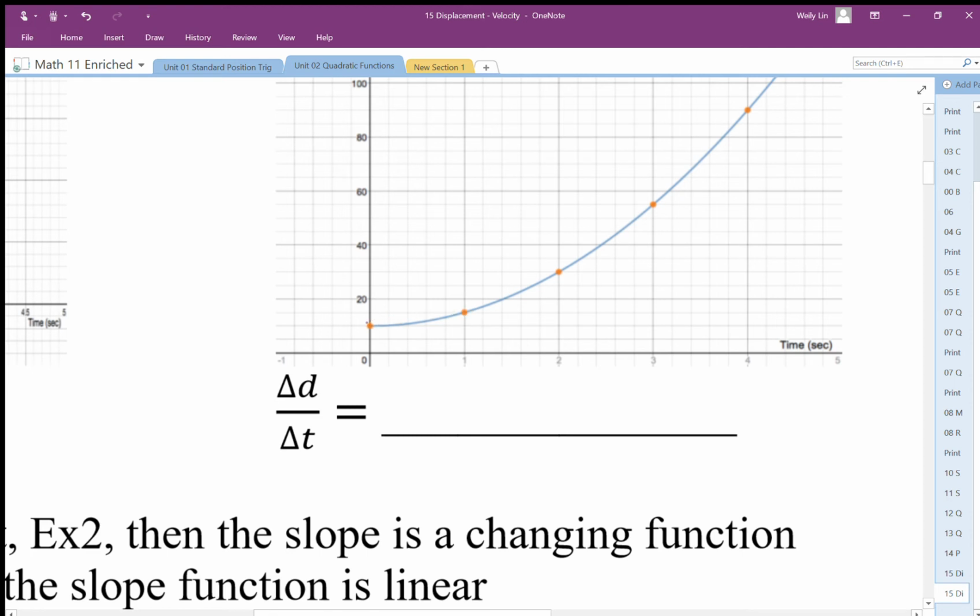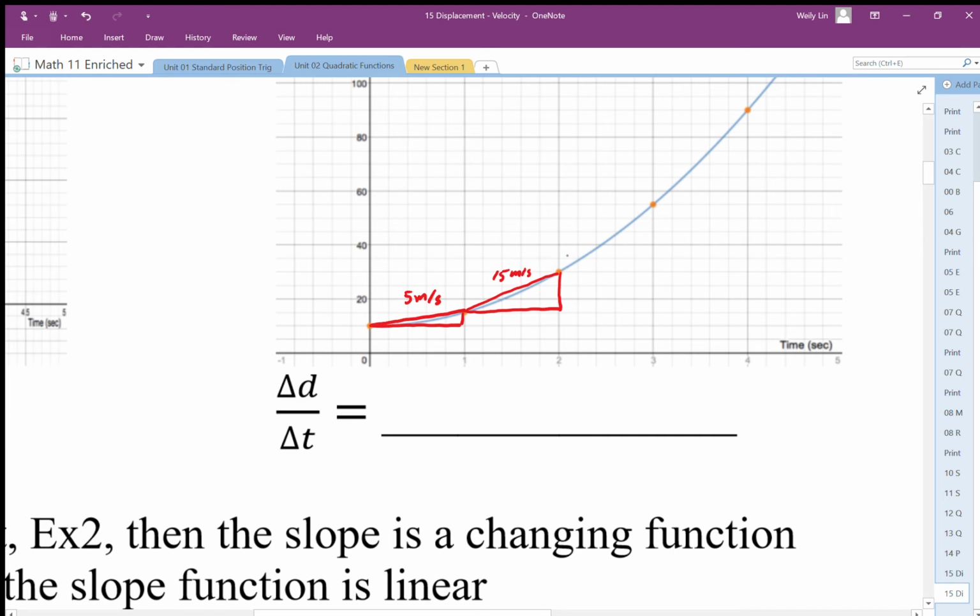In the first second, it looks like we've gone 5 meters, so this is 5 meters per second. This next section here, it looks like we've gone 15 meters per second.